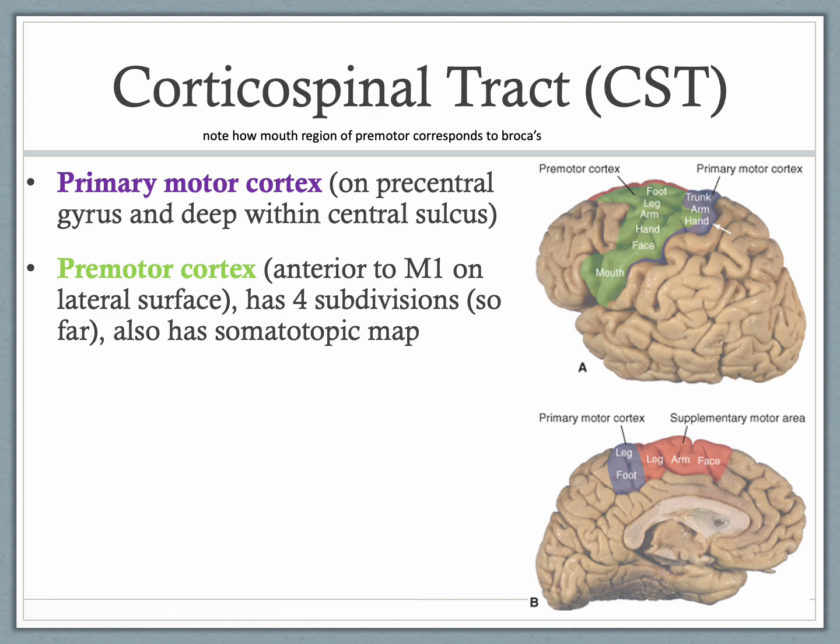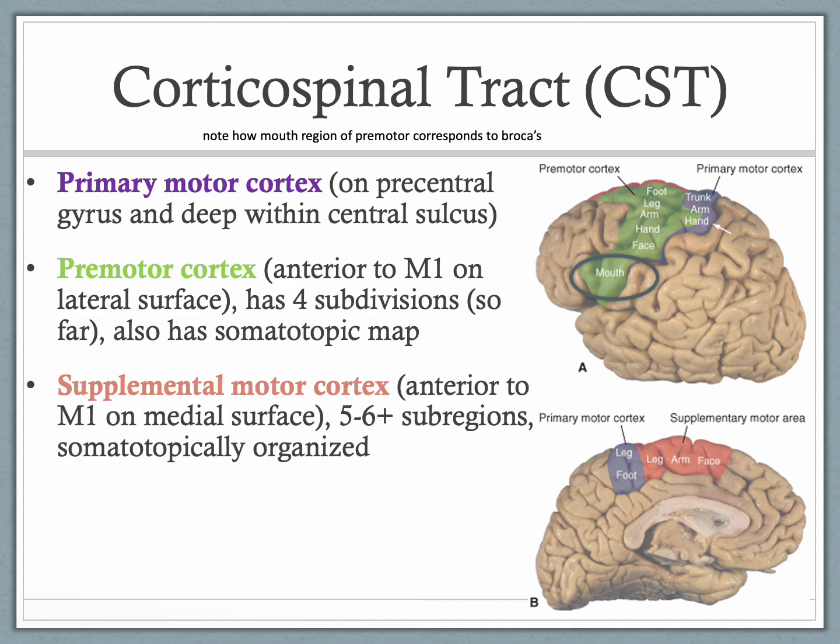Premotor cortex, anterior to M1 on the lateral surface, has 4 subdivisions so far, and also has a somatotopic map. So there's the mouth, which corresponds to Broca's area. Then you have the supplemental motor cortex, anterior to M1 on the medial surface.